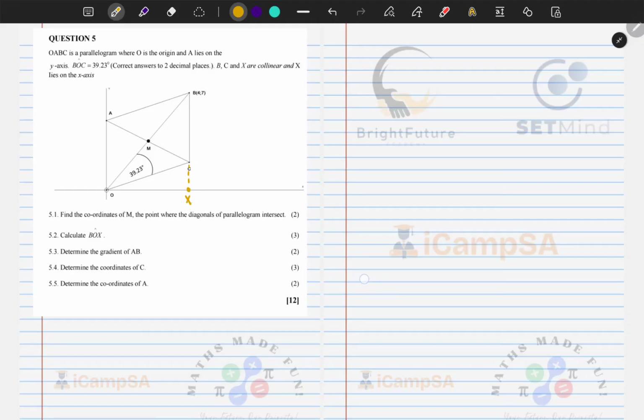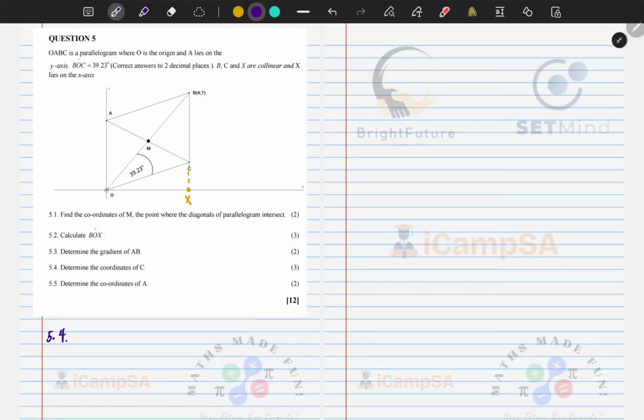If we want to determine the coordinates of C, the first thing that's going to come to my mind is that C will have the same X value as B. Why?